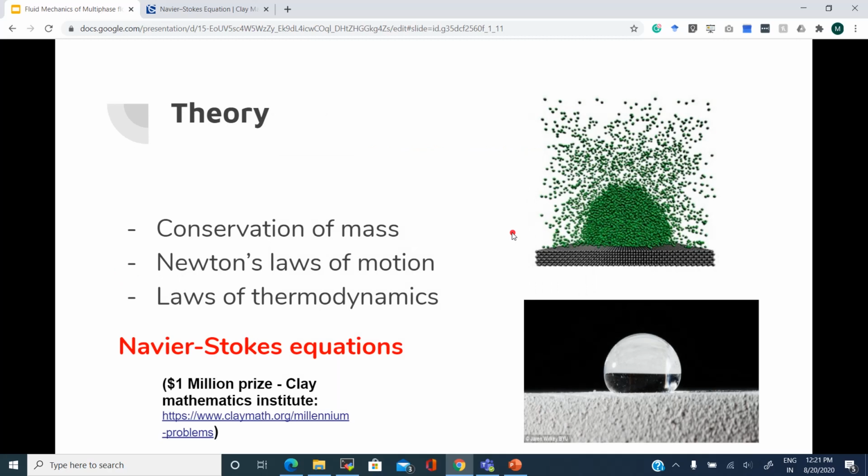Although experiments need to be done in order to find out what actually happens, now we'll see the limitations of theory and computations. Theory, you know that we derive the equations using some assumptions. The equations that we'll use for fluid mechanics are these three: conservation of mass, Newton's laws of motion, mostly Newton's second law, which is force equal to mass times acceleration, and then laws of thermodynamics, it may be the energy equation, entropy equation.